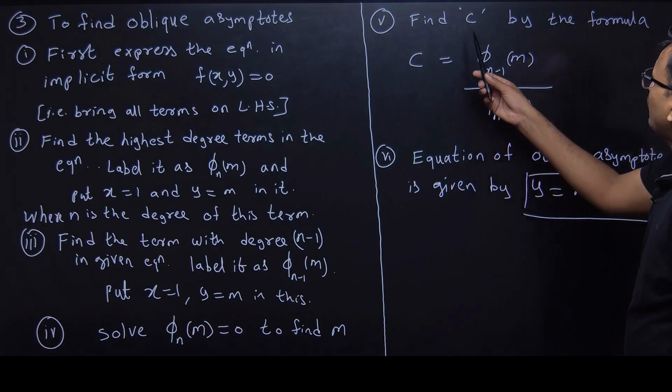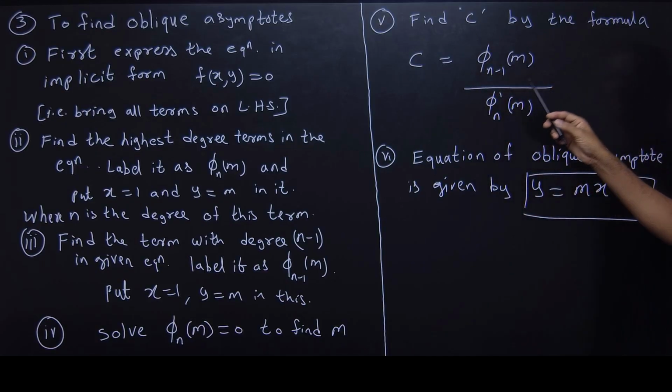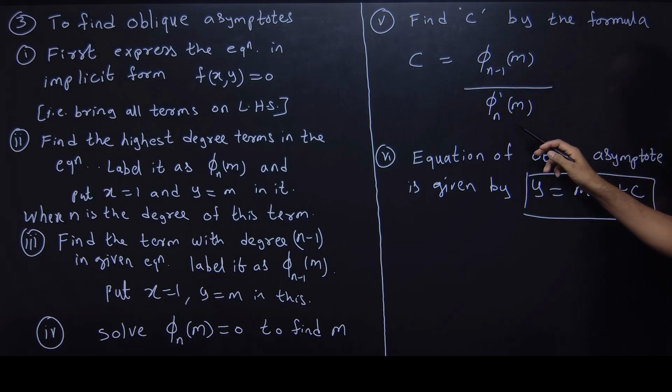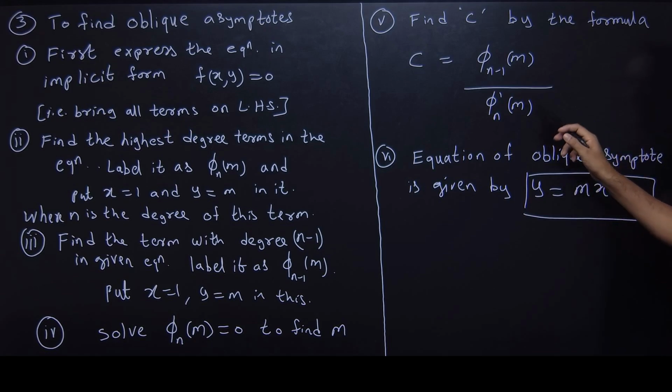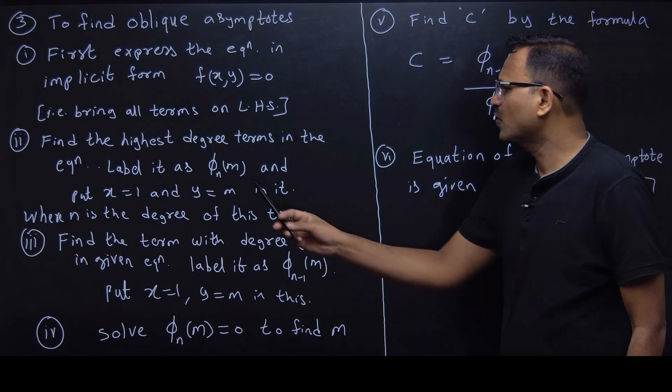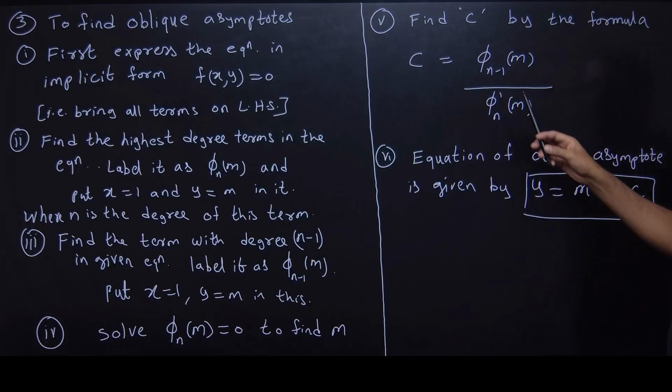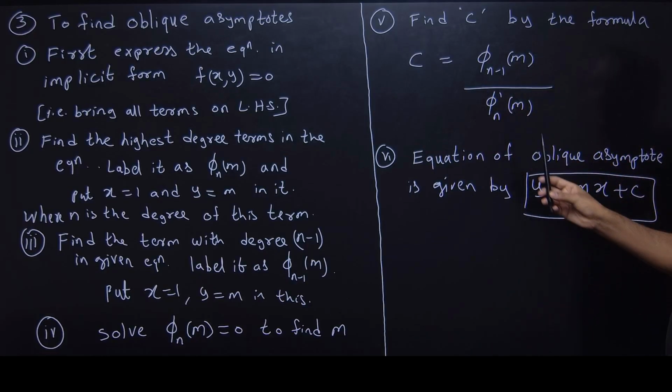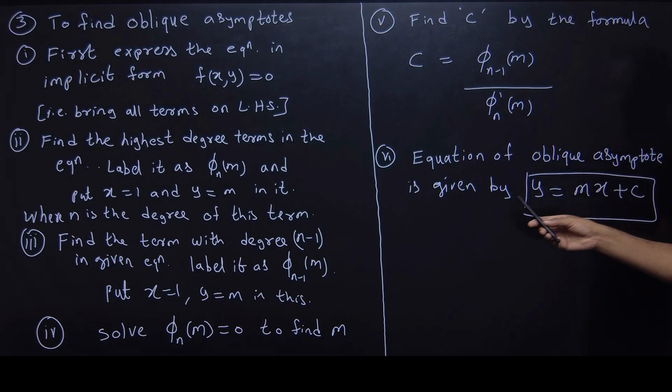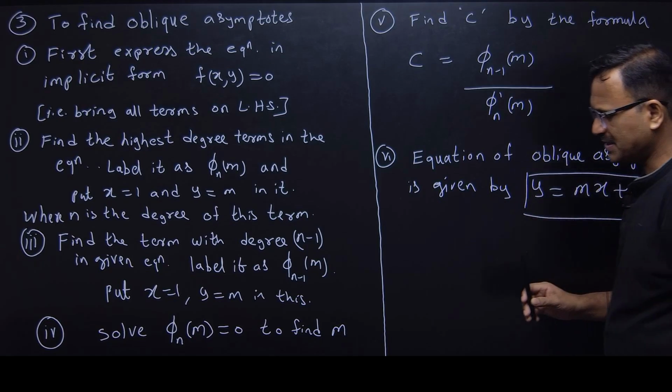Then to find c, we use the formula c is equal to phi n minus 1 m upon phi dash nm, where phi dash nm is the derivative of phi nm. We'll get the value of c from this. Now the equation of the oblique asymptote is given by y is mx plus c.